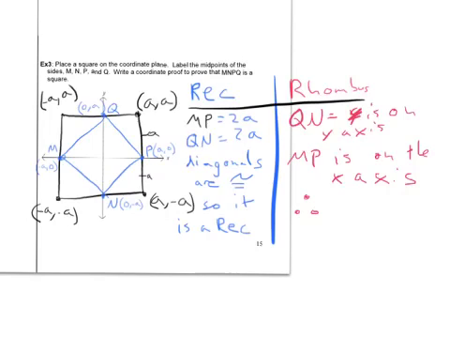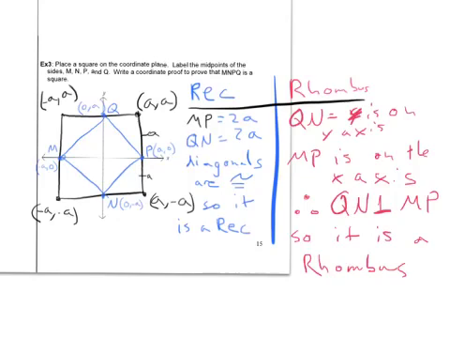Therefore, it's just a known fact that the y-axis and the x-axis are perpendicular. So we could say, therefore, QN is perpendicular to MP. So it is a rhombus.